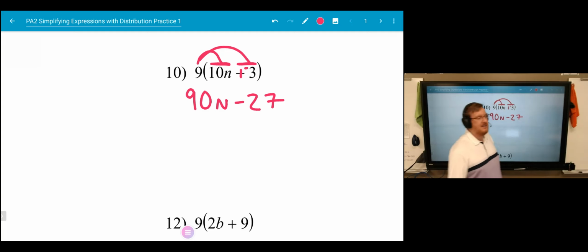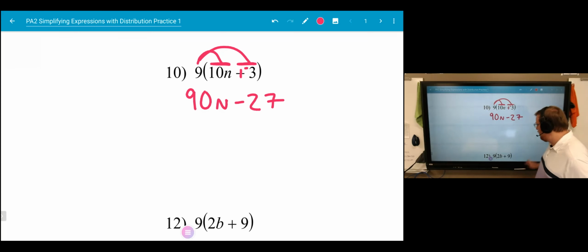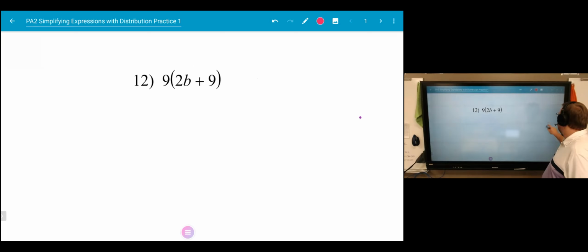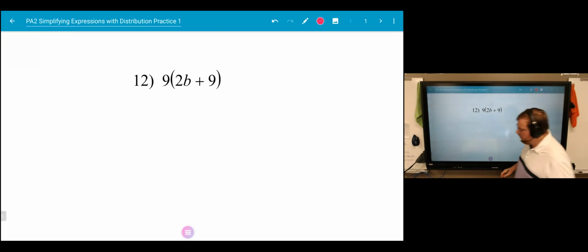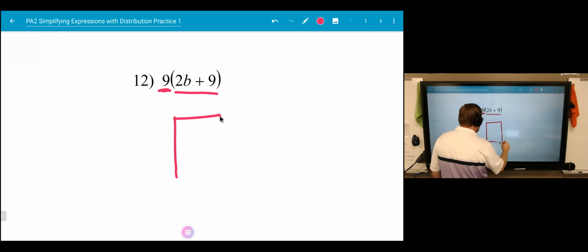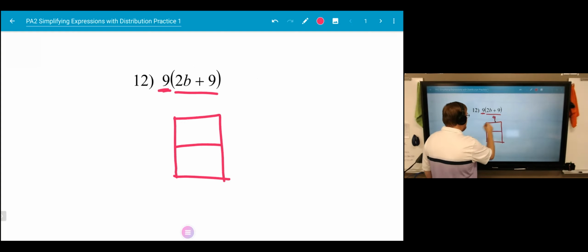Okay, got some good stuff going on here. Let's do one more on the front page. We'll do the last one. 9 times 2b plus 9. We're going to distribute. We'll do the box method this time. I've got 1 outside and 2 inside. I need to make my boxes here. So I've got 1 outside and 2 outside here.